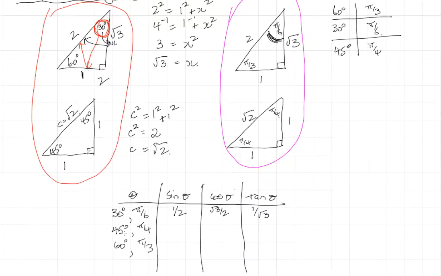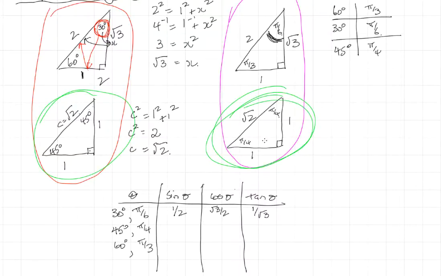Now 45 degrees, we're going to use this triangle here. So that's pi on 4. Does it matter which pi on 4? No, it doesn't matter which pi on 4 we use. So let's just use this one down here. And we've got sine of pi on 4.